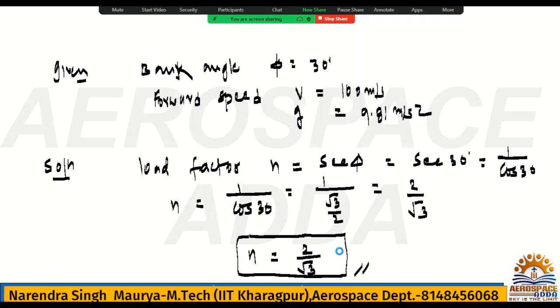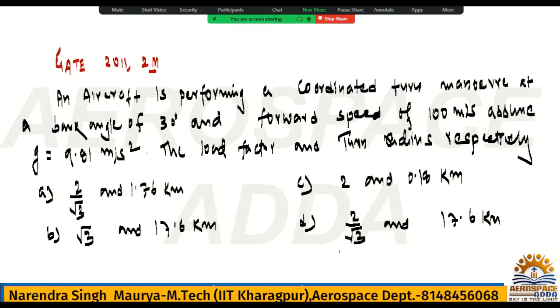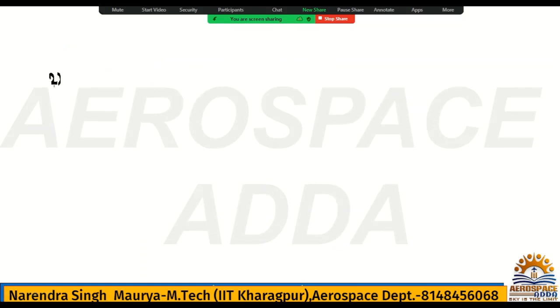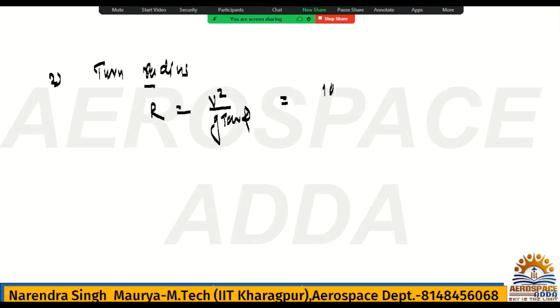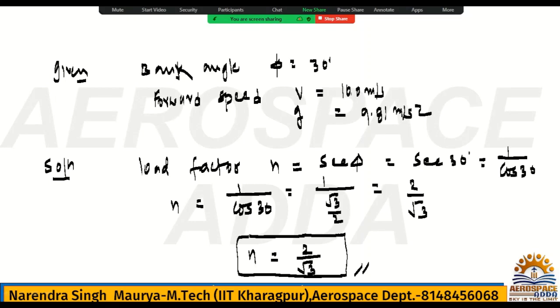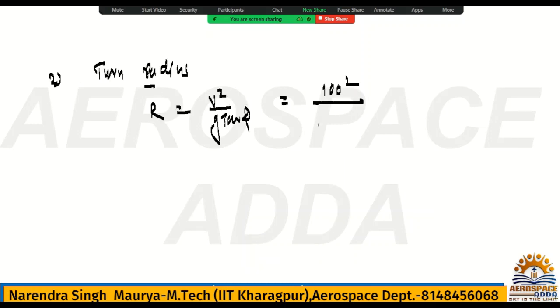Next, you have to calculate the turn radius. What is the turn radius? R equals V square by g tan phi. The forward speed they have given directly is 100 meter per second. The g value is also given, 9.81, and phi is 30 degree.